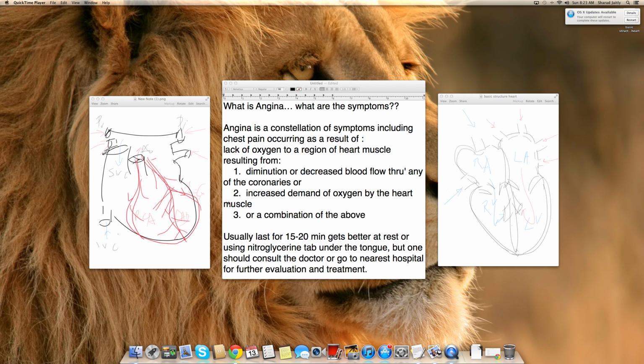A combination of the above will result in angina, or a chest pain and a constellation of symptoms.